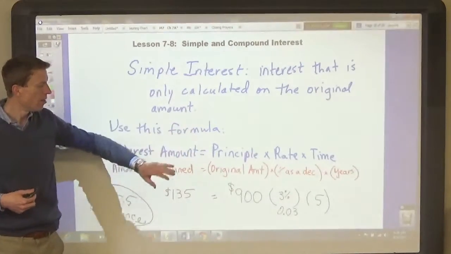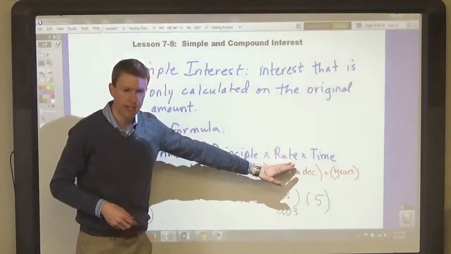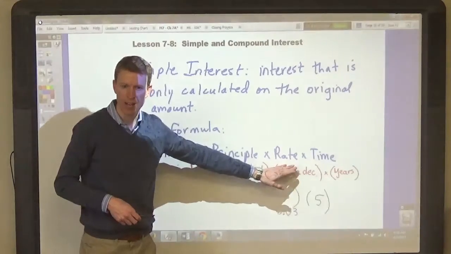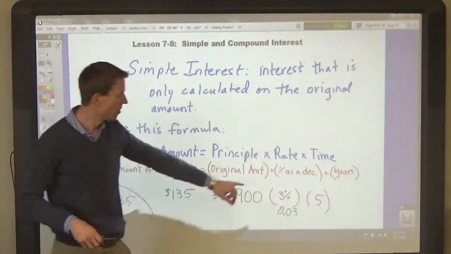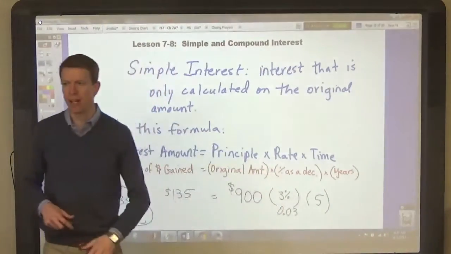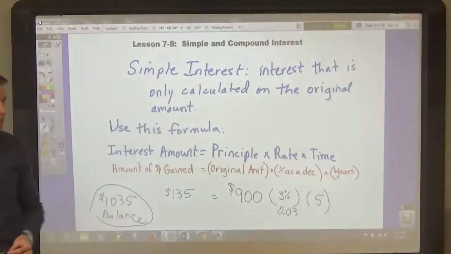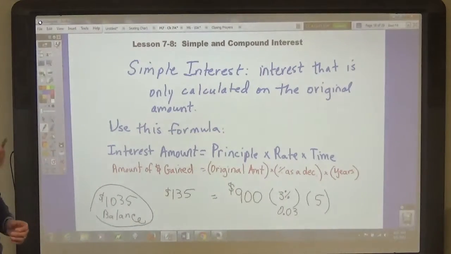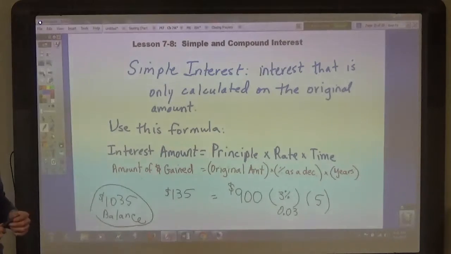Then they pay you interest based on an interest rate. That rate is a percentage. So they might pay you 1% annually, meaning that it's paid every year on your original amount. That would be a simple interest rate.